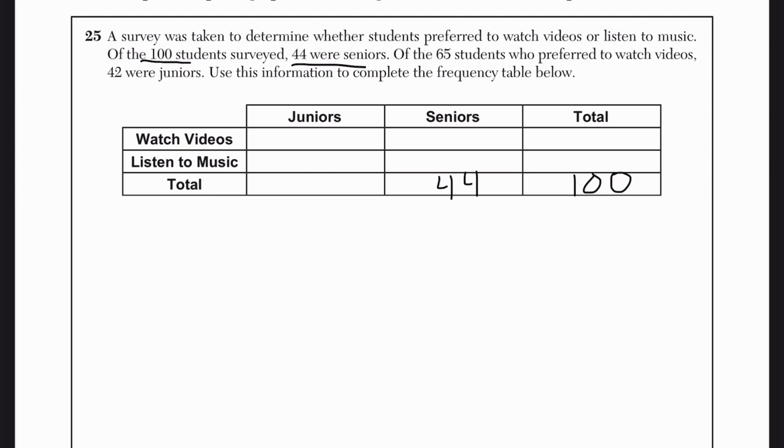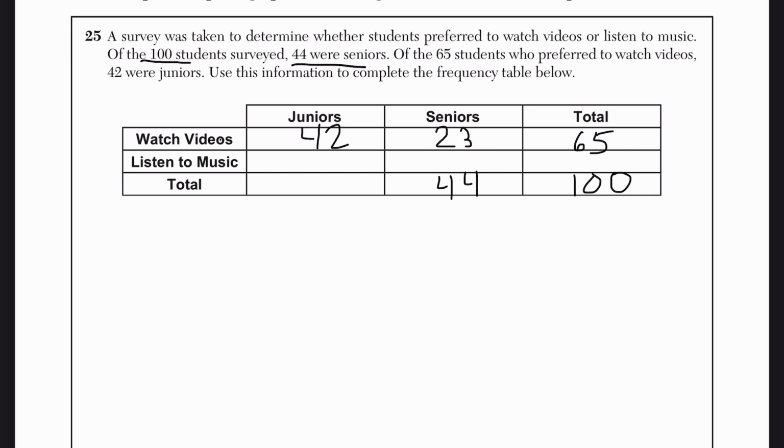Of the 65 students who preferred to watch videos, 65 is the total. 42 were juniors. You actually don't need to show any work on this one, so you don't need to do 65 minus 42 down below. It's full credit, just fill out the chart.